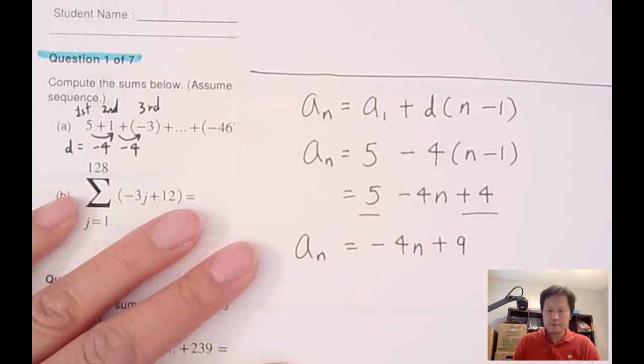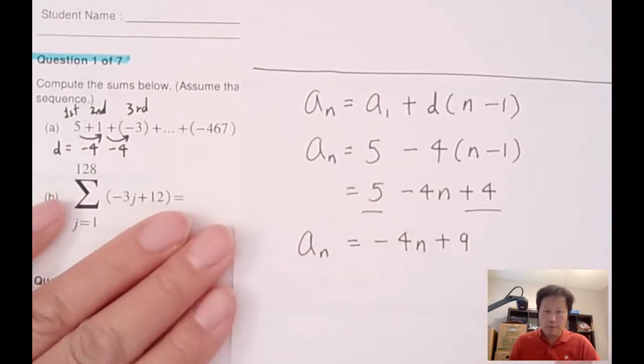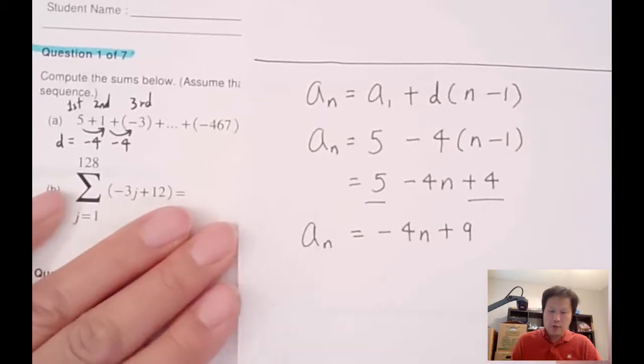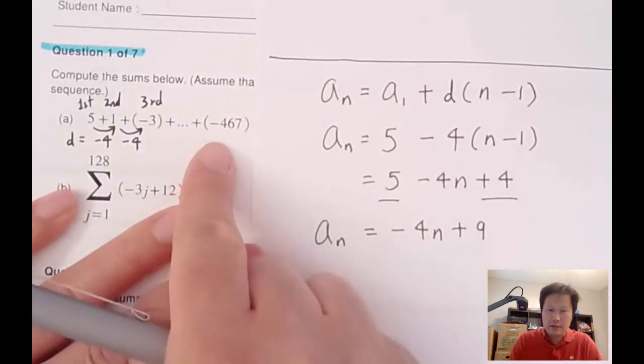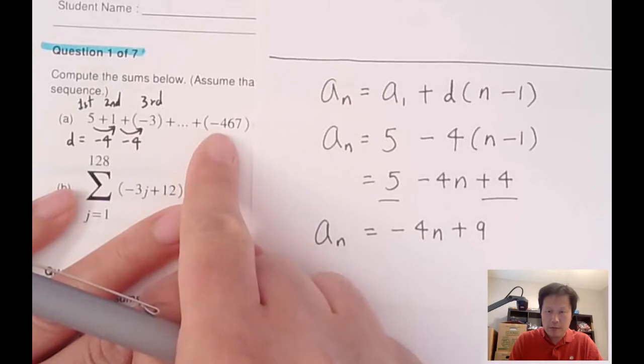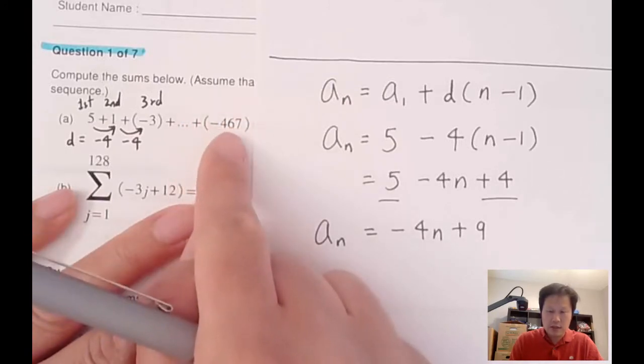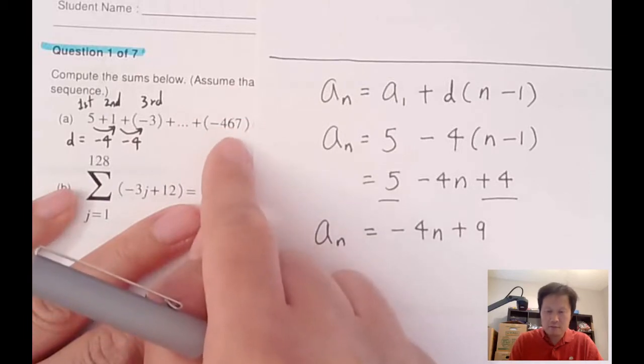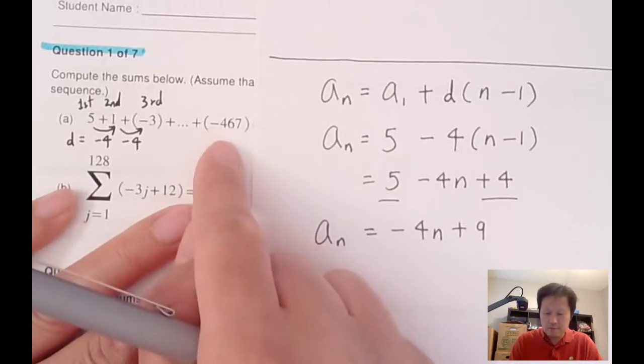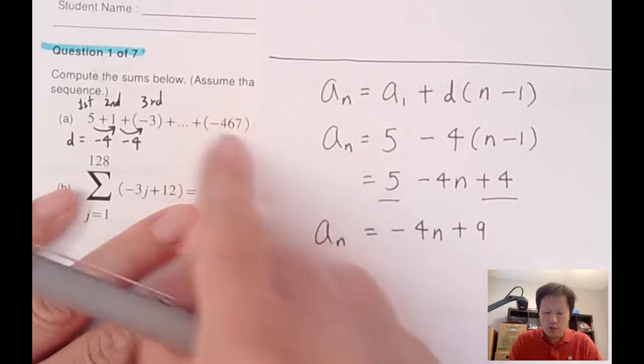Okay, do you remember what we are trying to do? We are trying to find the index of minus 467. We are wondering, is that the 9th term, the 13th term, the 20th term? What's the index for this?